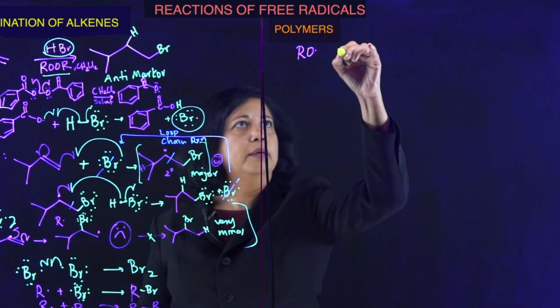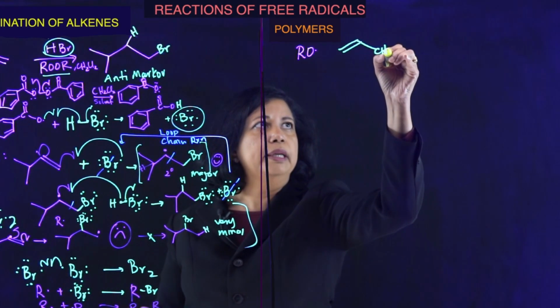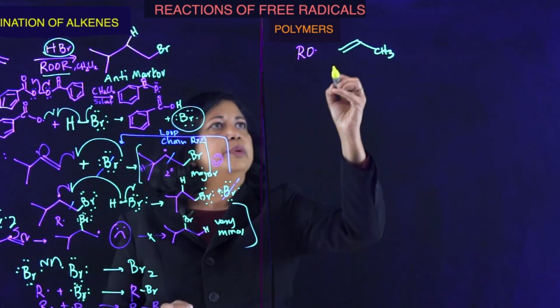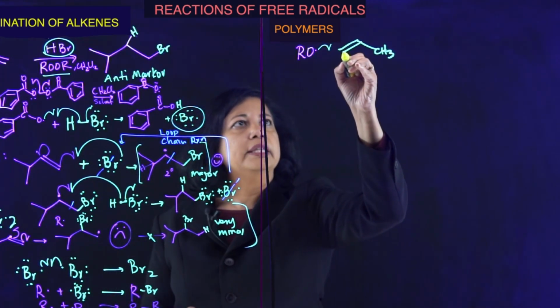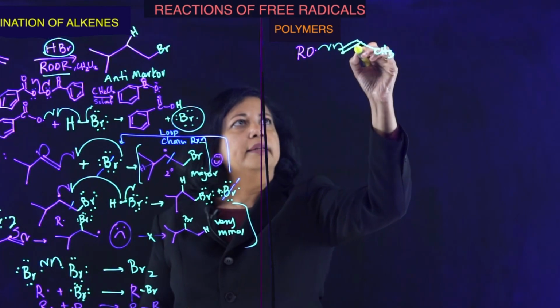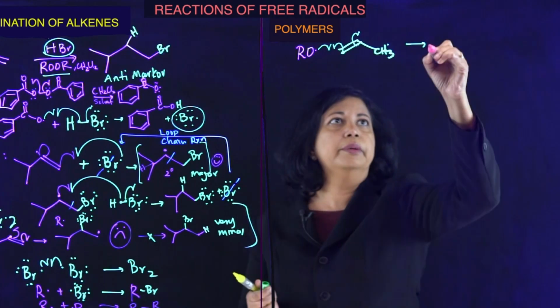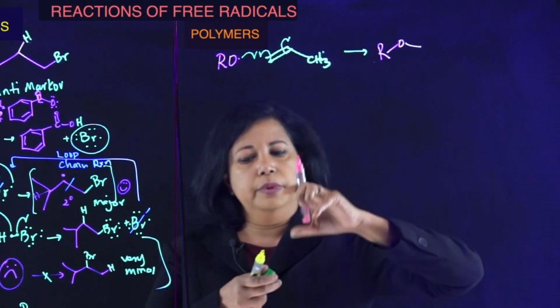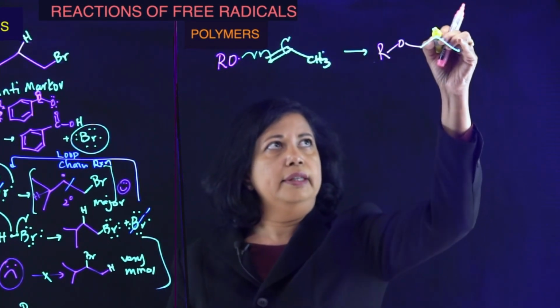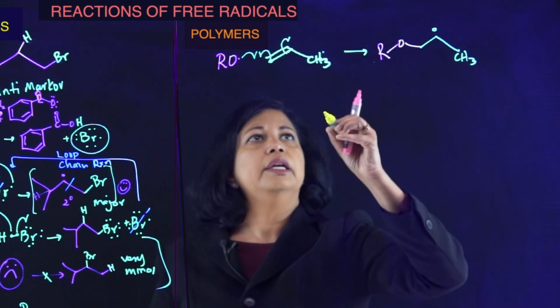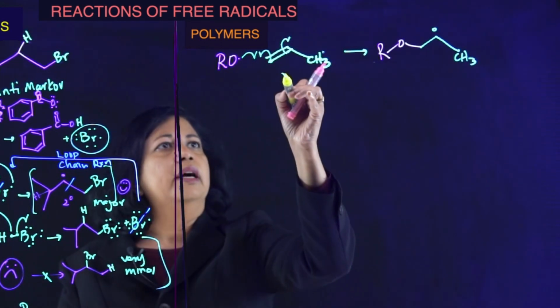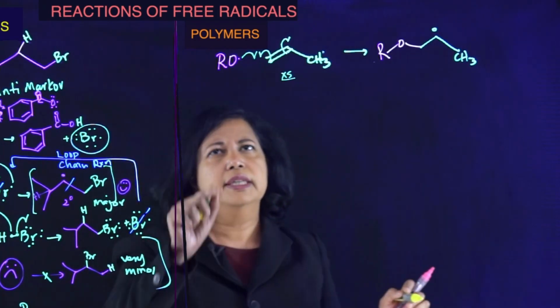Let's say you take this double-bonded propylene, and you have an initiation reaction again. This is going to put the radical on the secondary carbon, and you start it off with RO, and you have a radical here. This radical is going to then react, so you have a way excess of this and a teeny bit of this.